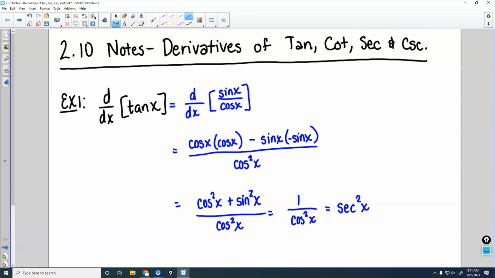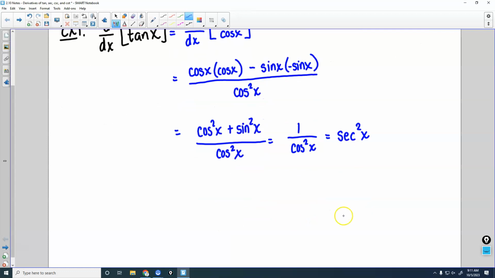Now, tangent is something you're going to see not nearly as often as sine and cosine, but you're going to see it fairly often. So whenever you do your homework on this, you don't necessarily have to do this every time. We can commit to memory the fact that the derivative of tangent x is secant squared x.